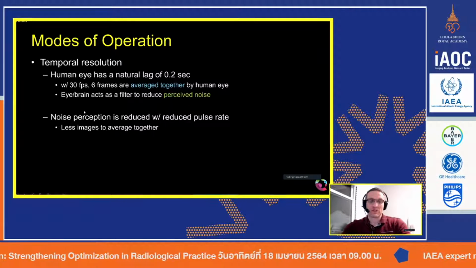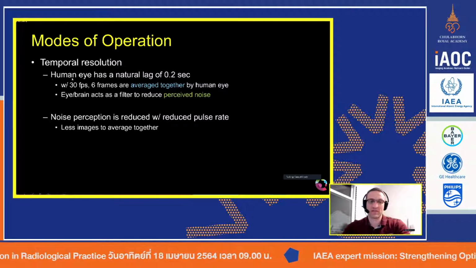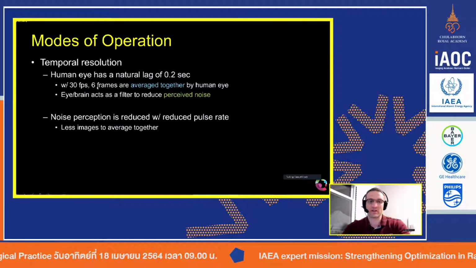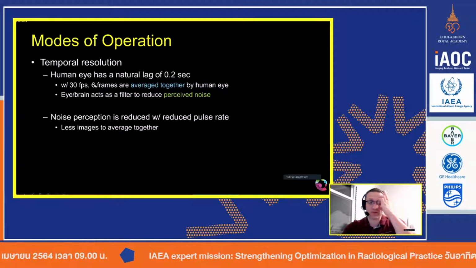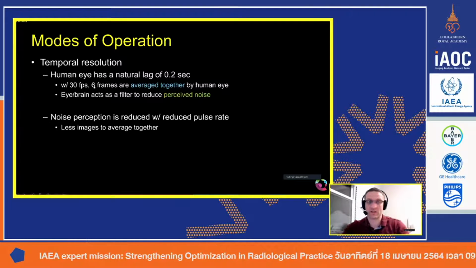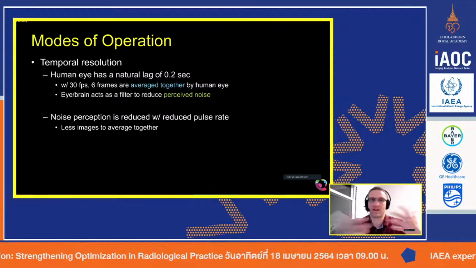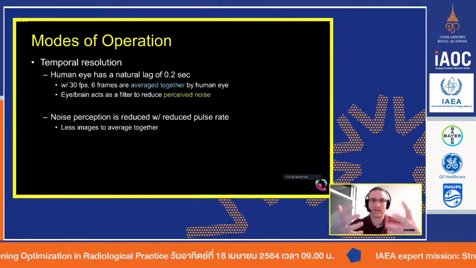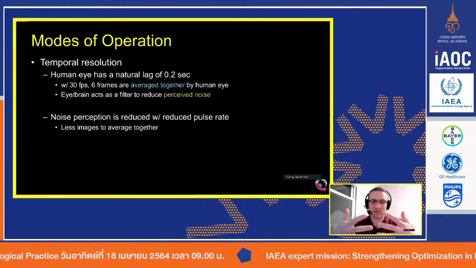So noise perception is reduced with reduced pulse rate. If, instead of 30 frames per second, where every 6 of them are averaged together, you're only collecting 6 frames per second, or 5 frames per second, well, obviously the brain's not averaging anymore. It can't. There's just not enough signal coming fast enough for your brain to put them all together, average them, and process the next one.